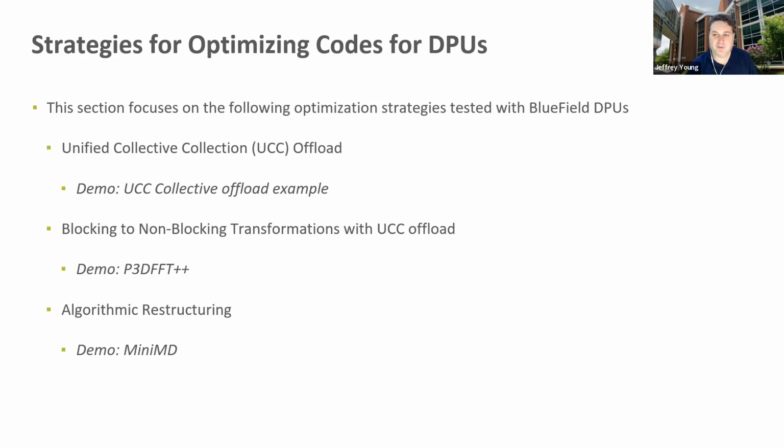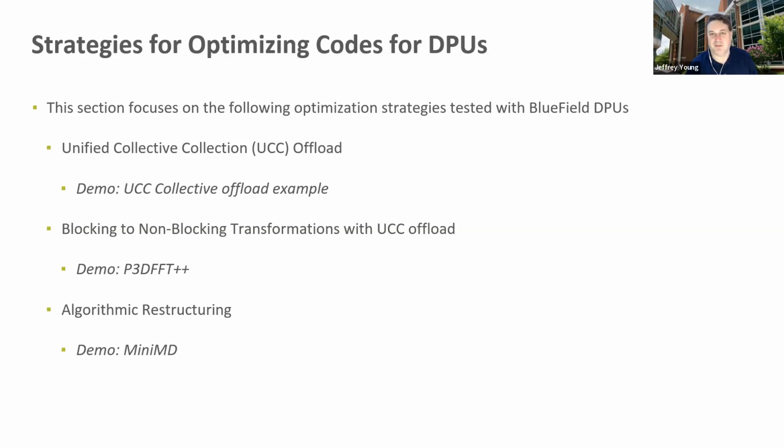These are all things that we've looked at with BlueField DPUs, probably applicable to other SmartNICs based on the architecture and the software stack. The first thing that Yang will talk about is the Unified Collective Communication, UCC, collective offload. We'll have a very short demo where we'll show what that looks like.